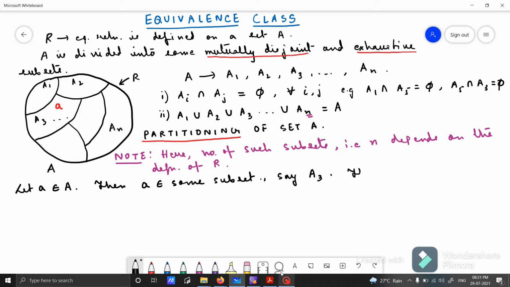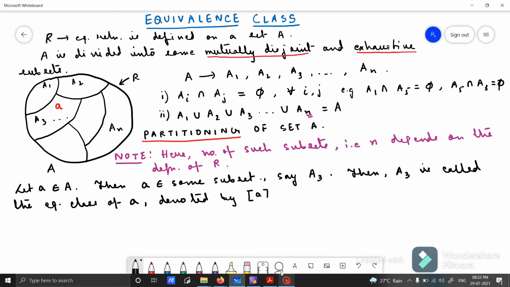Then A3 is called the equivalence class of the element a, and it is denoted by this symbol. That is, your A3 then becomes the equivalence class of the small element a, because it belongs to that subset.